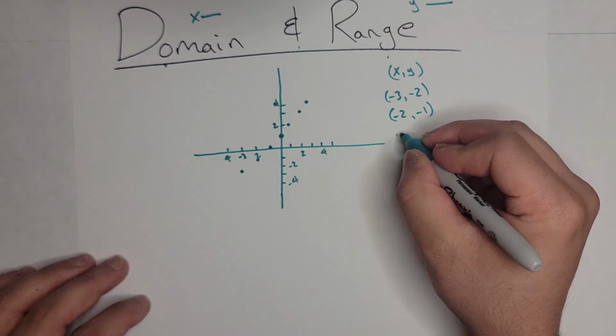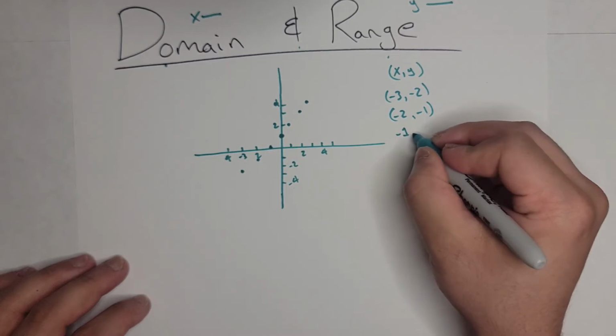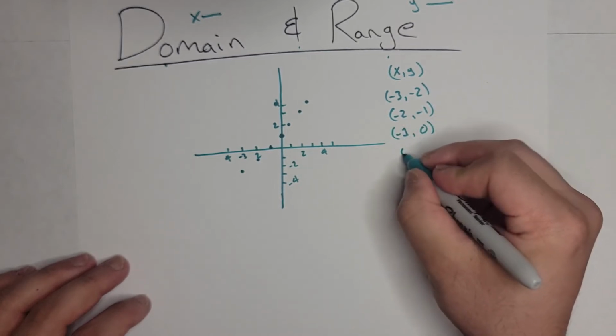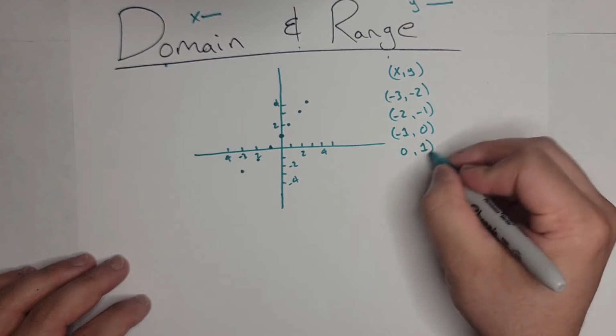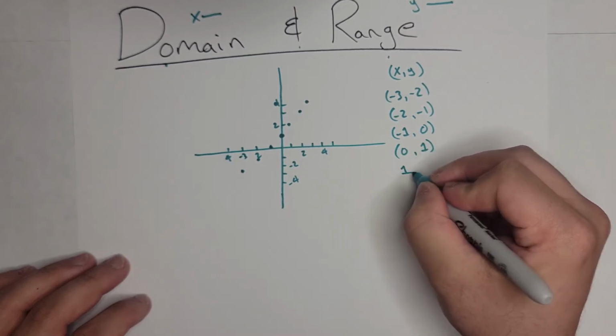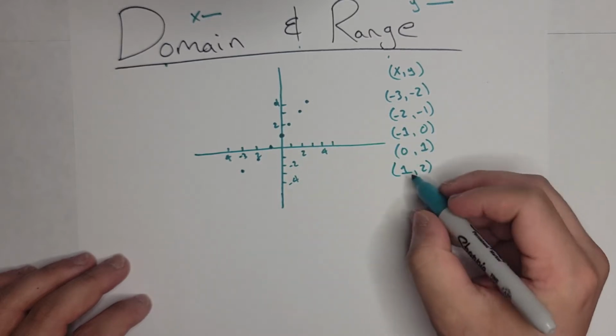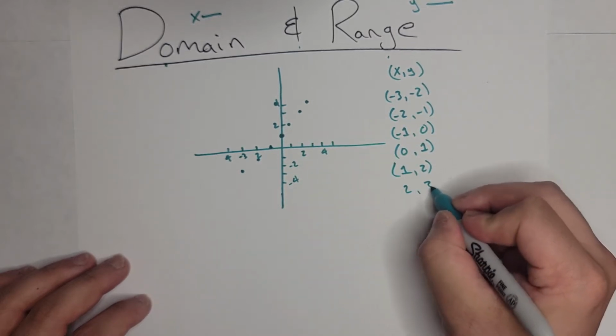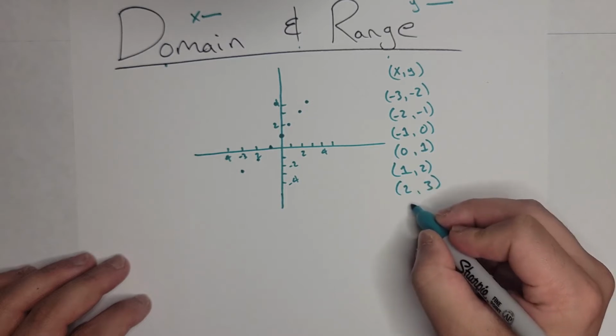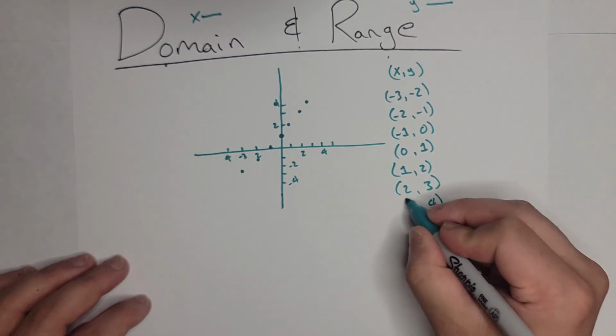At -1 we have 0. At 0 we have 1. At 1 we have 2. At 2 we have 3. And at 3 we have 4.